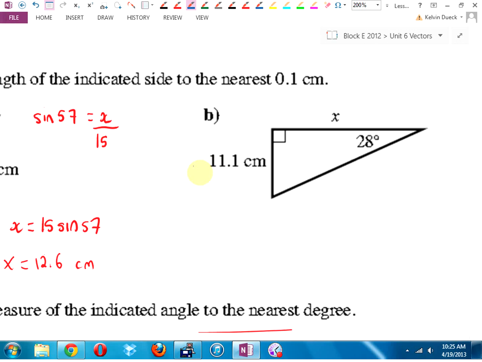That's the one I'm going to leave blank. Opposite. Adjacent. Which trig function? Tan of what? What always goes next to the trig function? The angle. What's the angle? Opposite over adjacent.